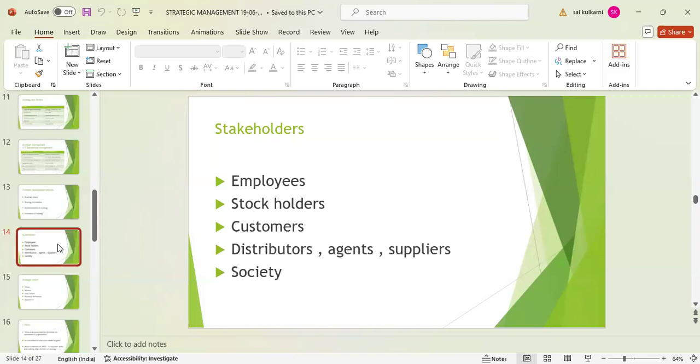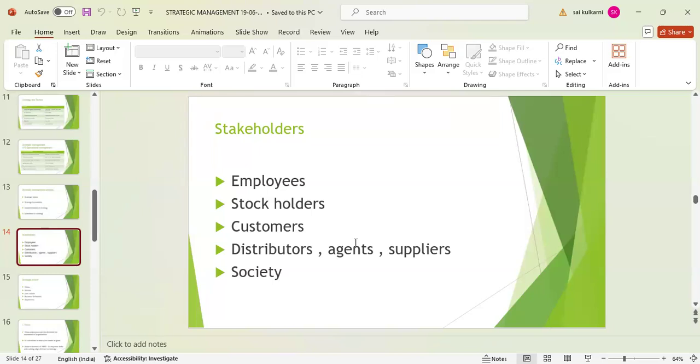So stakeholders means employees of the business, human resource. Then stockholders. Stockholders means shareholders or debenture holders, who have invested in the shares of the company. Stockholders also have an interest in that organization.